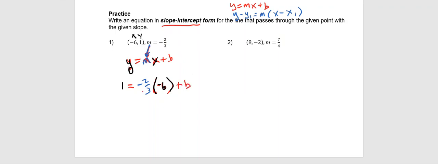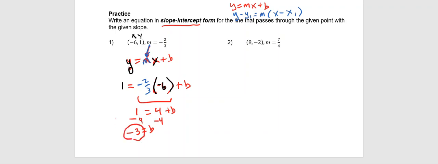So it's going to say plus b. So now we can go ahead and do our math. We know negative 2/3 times negative 6 is going to give us 4 plus b, and that's equal to 1. We're simply going to subtract 4 on both sides. That's going to give us that b equals negative 3.